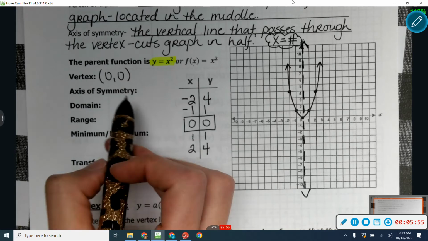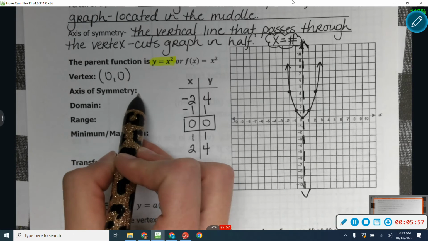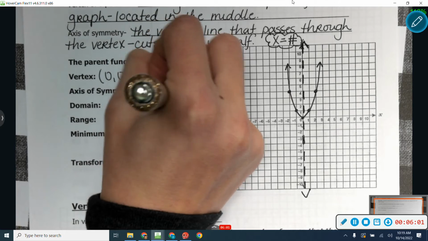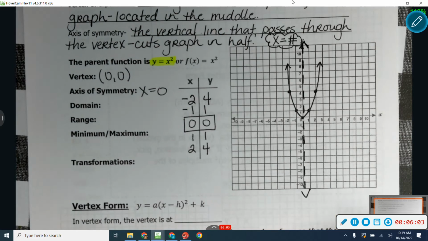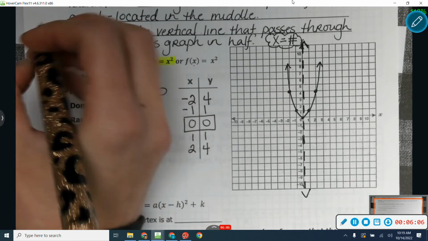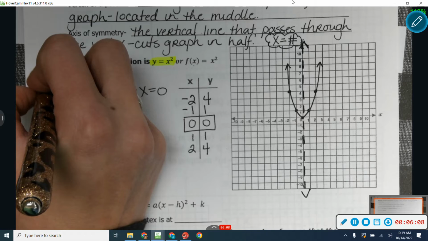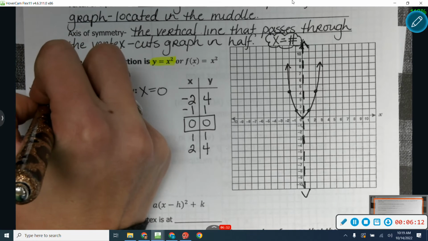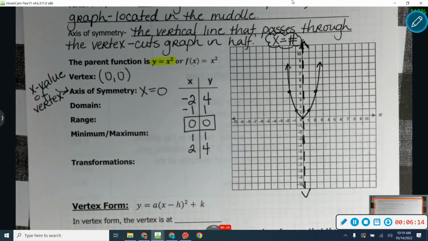Okay? So my equation for that axis of symmetry should be what? X equals 0. So your axis of symmetry is always going to be the x value of your vertex. Whether it's your parent function or a transformation, it will always be the x value of your vertex.